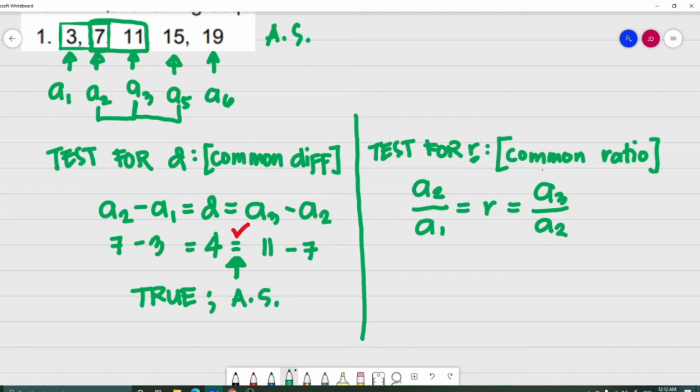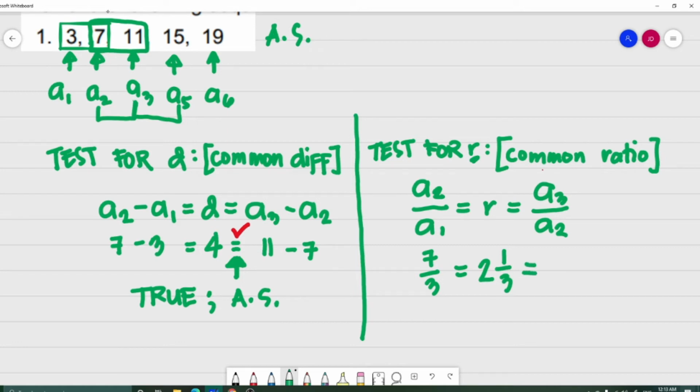Dapat equal gyapon sila para makaingon ka nga nag-exist ang common ratio. So, let us check. You have 7 divided by 3. Ang expected nato na answer is pila ka 3 sa 7? Duha. Pilay sobra? Isa. So, atong gi-expect is 2 and 1/3.